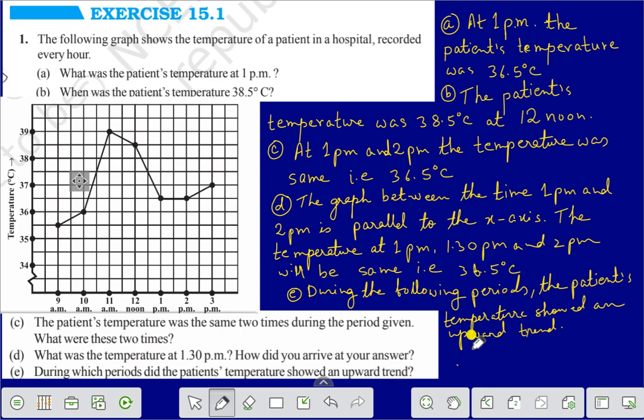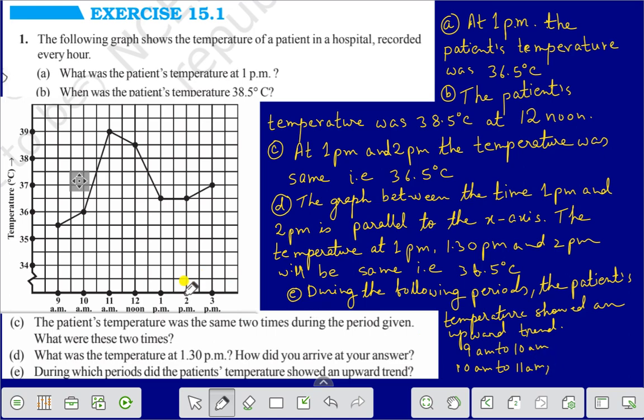So we are getting 9 a.m. to 10 a.m. and 10 a.m. to 11 a.m.